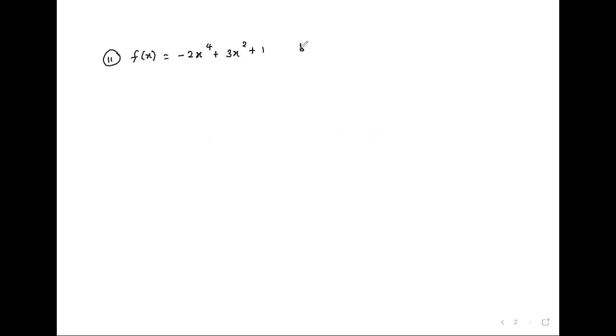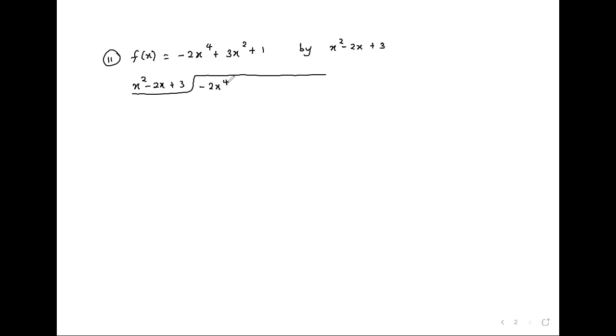We're dividing by x squared minus 2x plus 3. That's how we're dividing. So we do the same. We write our divisor, x squared minus 2x plus 3, like that, and then negative 2x to the 4.